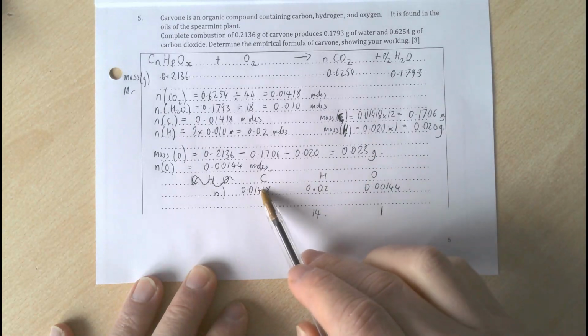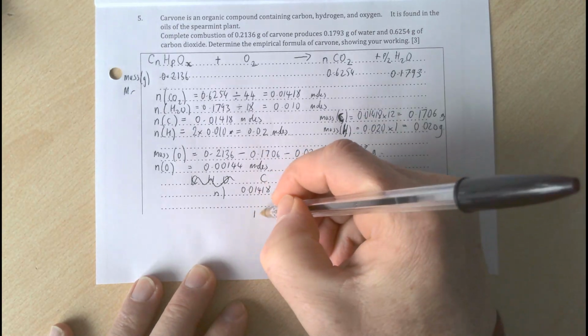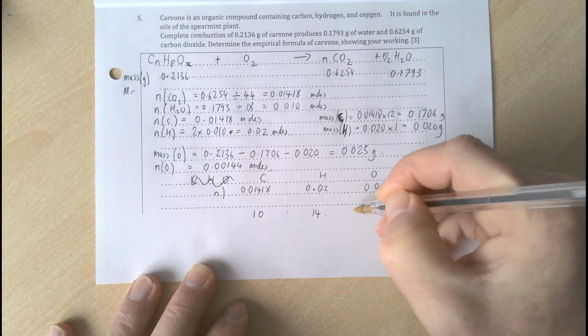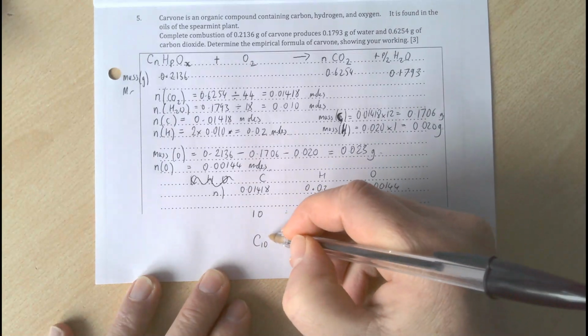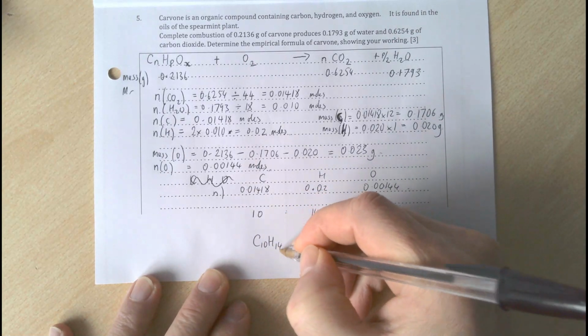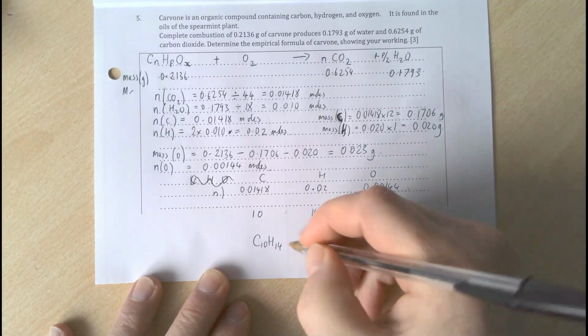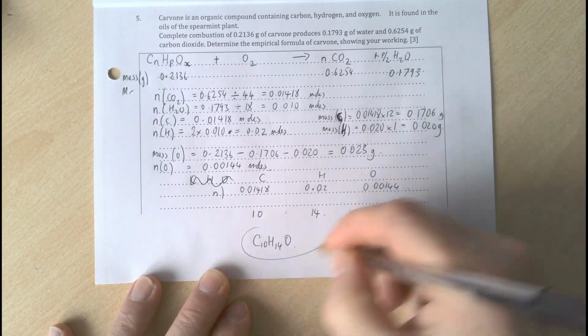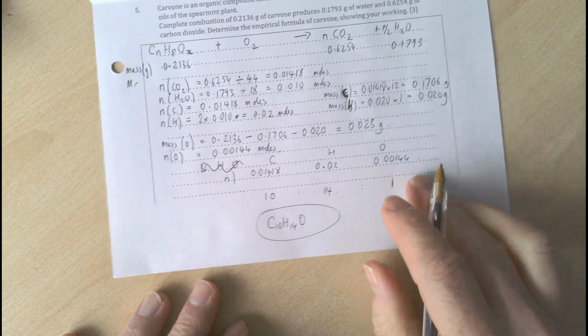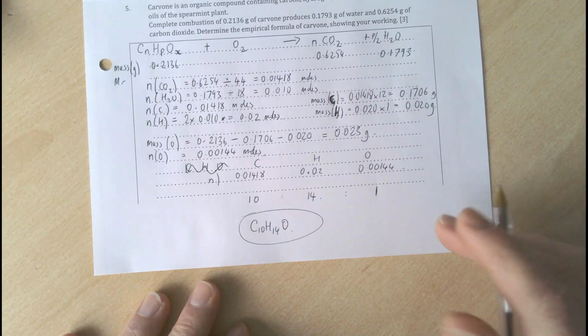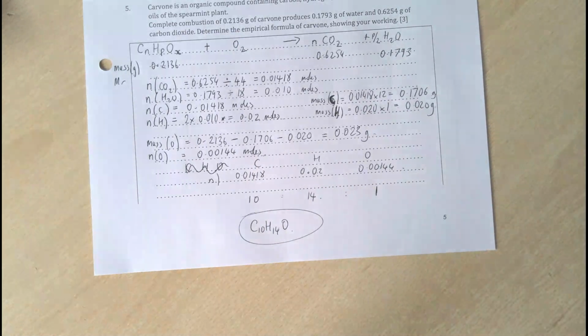And that number divided by that works out to be more or less 10. So the molar ratio of elements in the compound is C10H14O, and that is indeed the empirical formula and the molecular formula of carbone, as it turns out. Okay, that's that. Lovely.